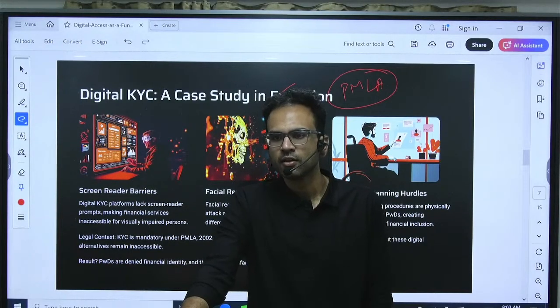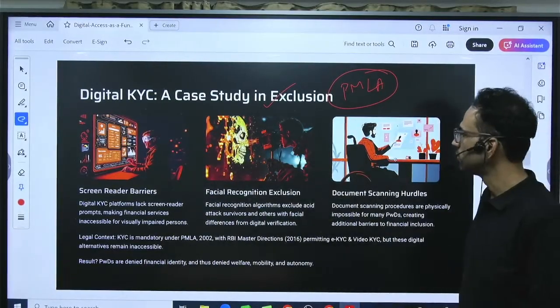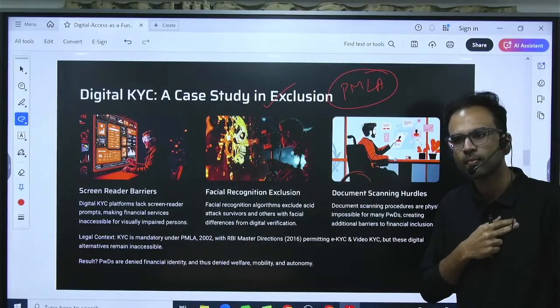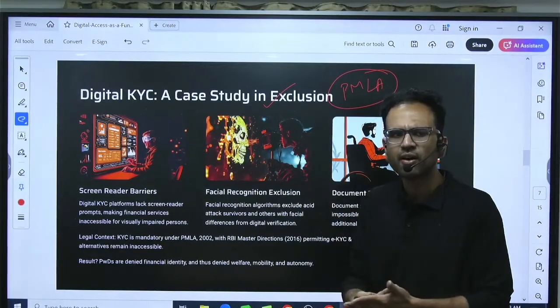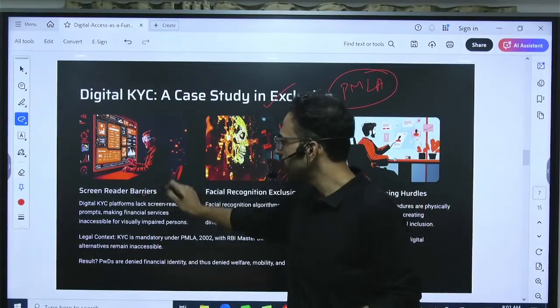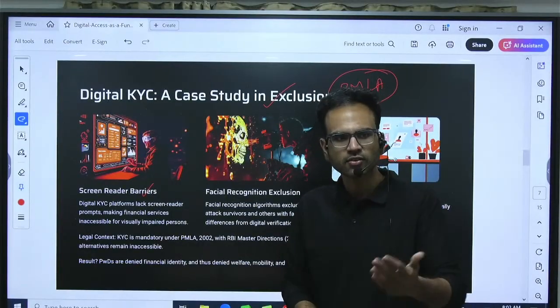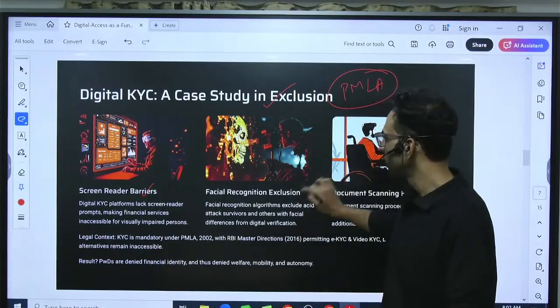Right. So, coming back. So this case study of exclusion is based in PMLA. So we have screen reader barriers. For example, if you want to carry out a digital KYC through a video call or something, if the person is unable to read, that's the first barrier.